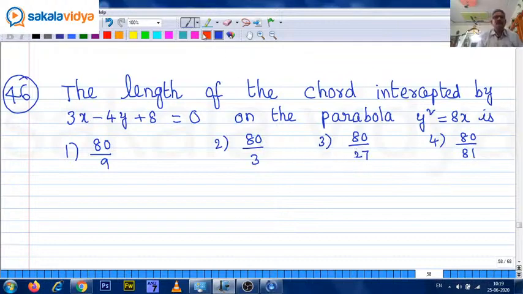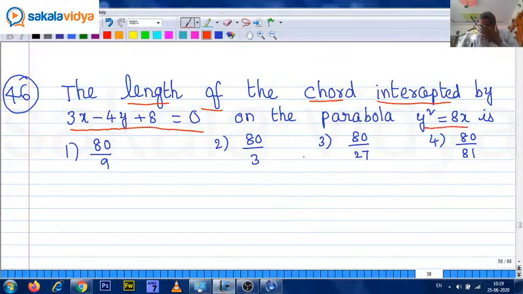Length of the chord intercepted by 3x minus 4y plus 8 is equal to 0 on the parabola y square is equal to 8x. 80 upon 3. Okay, I will check.